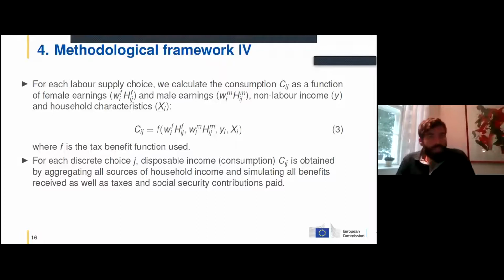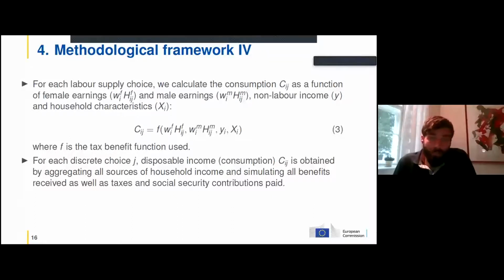What we then do is recalculate, for each labor supply choice, the consumption of a household. This is where our microsimulation model comes in. For each consumption choice, which is the C_ij here, we calculate based on the female earnings and the male earnings in the household, the non-labor income and the household characteristics.